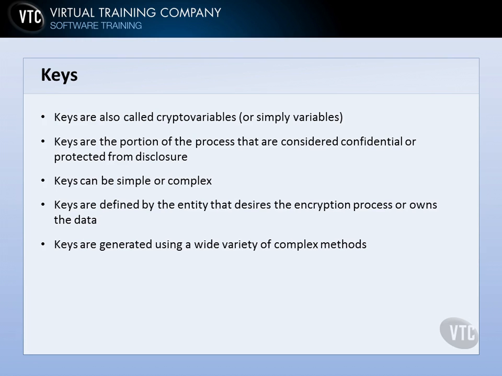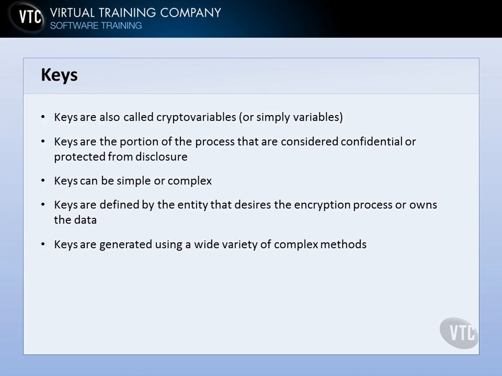Keys are typically defined by the entity that wants the encryption in the first place, or owns the data. And they may go through a third party to get keys generated, or they may generate their own keys. But in any case, these keys are not generally out there in the public, except in the case of public and private key cryptography. There are a large, wide variety of methods that are out there, some of them very complex, that are used to generate keys to be used in encryption schemes.